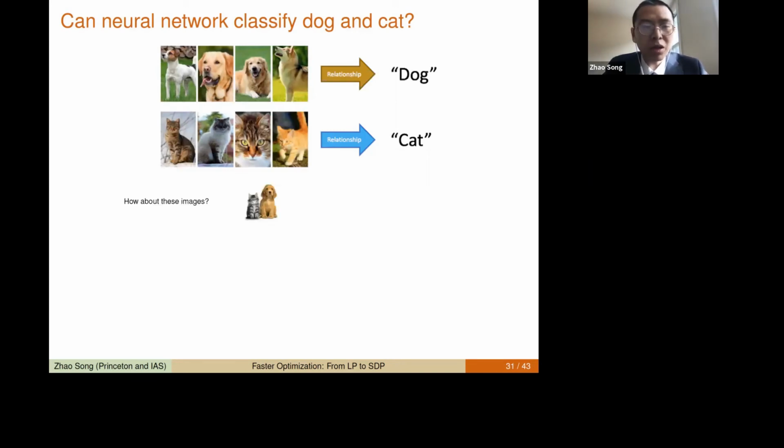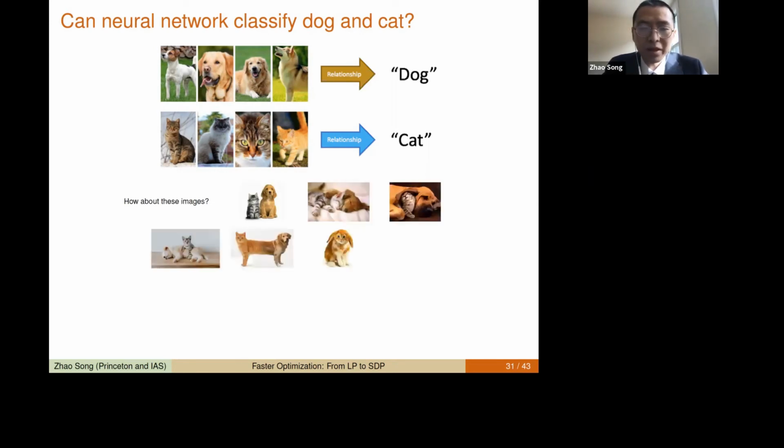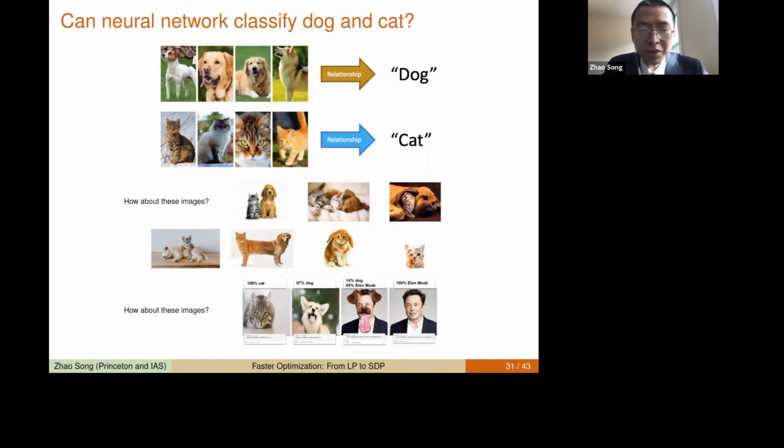But how about these pictures? Do you think a neural network can classify whether these are a dog or cat? Probably not. And how about this picture? You modify someone's face, and then the neural network thinks this person is not a person anymore. It's probably like 14% a dog.